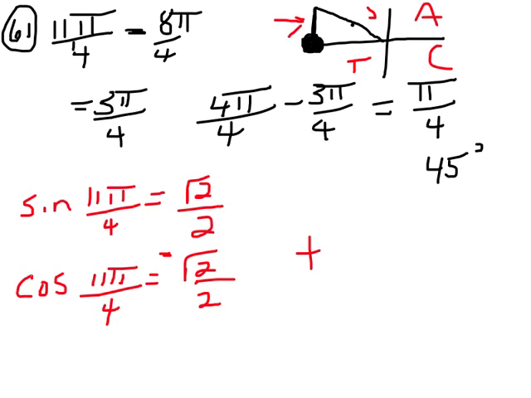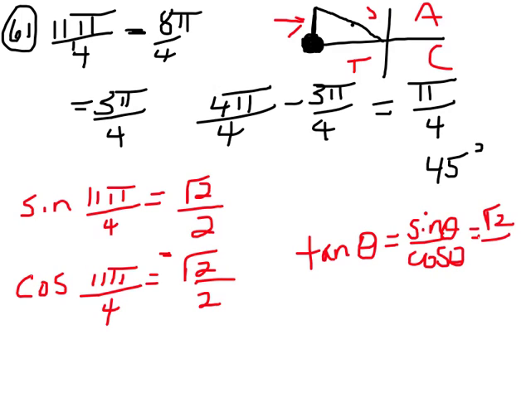How do I find the tangent? Sine over cosine, okay? Sine over cosine. So that means the sine was square root of 2 over 2. The cosine was negative square root of 2 over 2. Square root of 2 over 2 divided by square root of 2 over 2 is the same thing divided by itself, right?